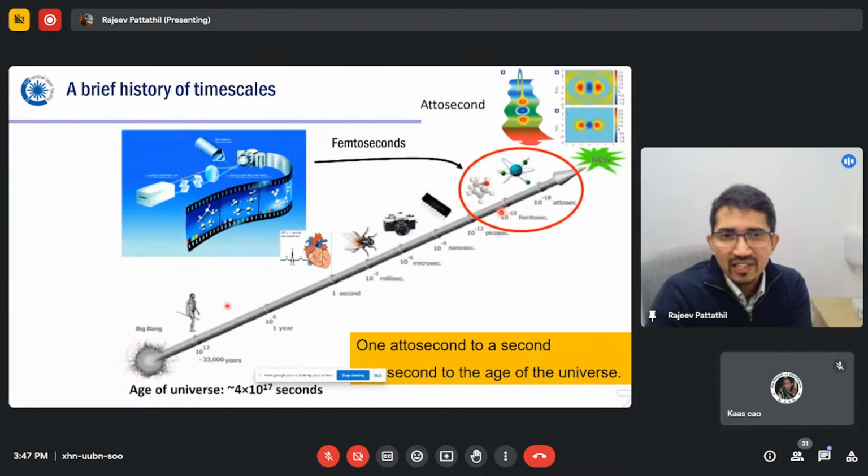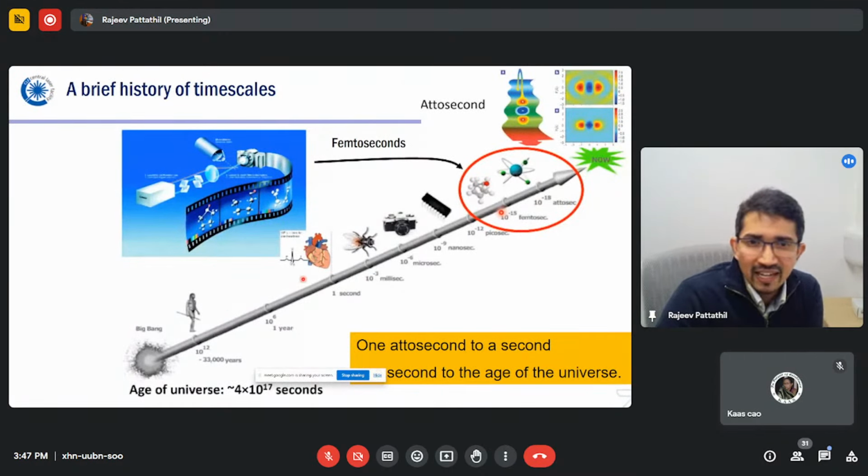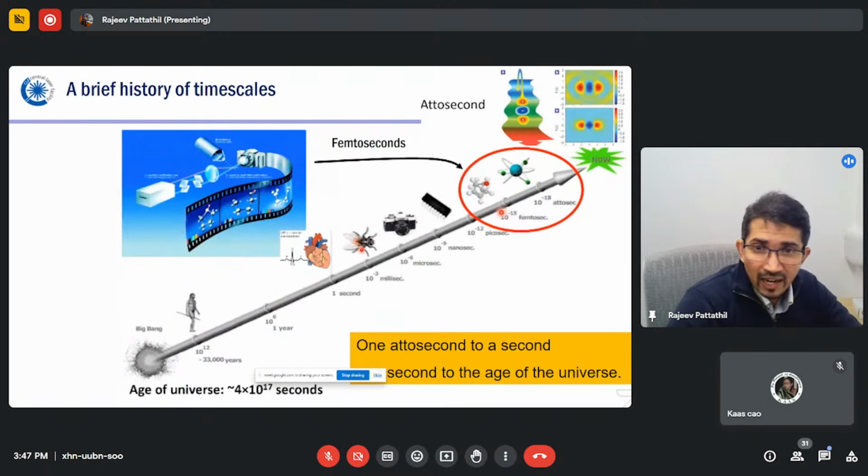Heartbeats once every second, roughly. Bees flap their wings in milliseconds. Nowadays, fast cameras are available that operate at a few milliseconds to a few microseconds. Fast electronics, especially integrated circuits, work at nanosecond timescales.